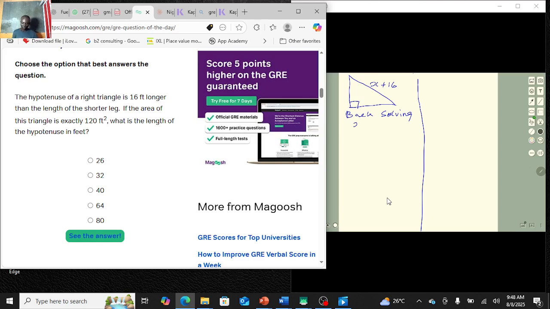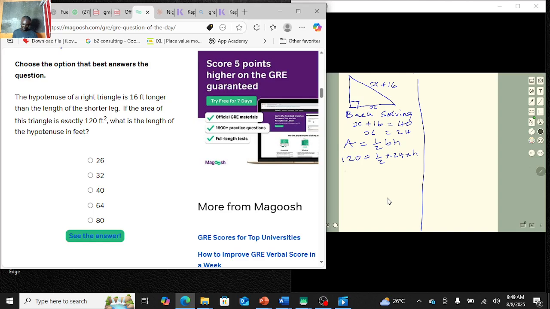Then we set this up by saying s plus 16 equals 40, then s equals 40 minus 16, which is 24. So 24 is one of the sides. Then we come to the area. Area of a triangle is half base times height. 120, that is given, equals half times s, which is 24, times h.